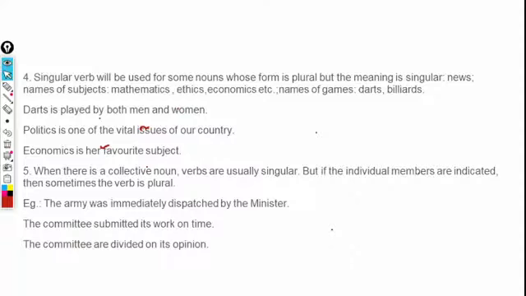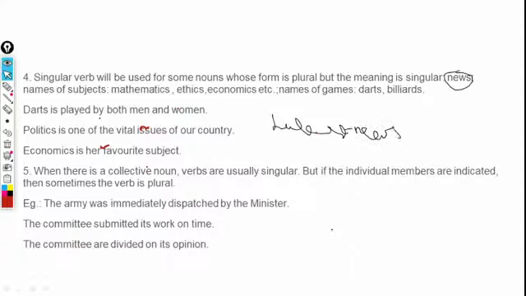The next one is, you must have heard some words like news. News is very common. Now we see latest news, breaking news, whatever. Latest news is a very normal sentence.